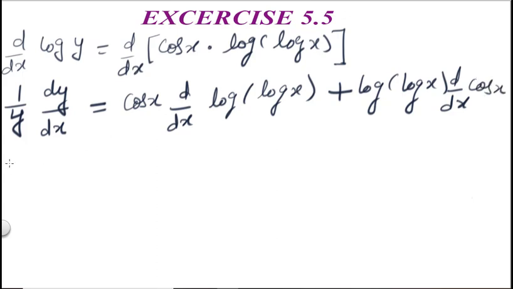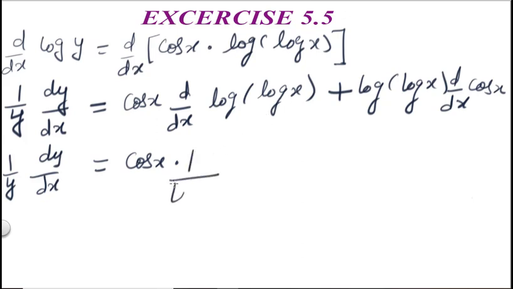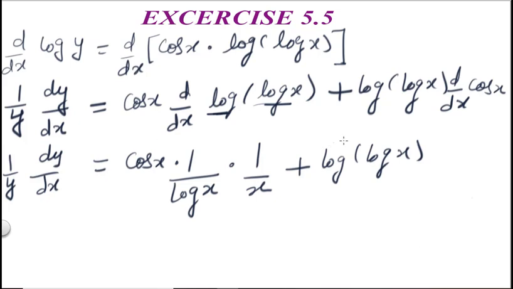So 1 upon y dy by dx equals cos x as it is. Now we are differentiating log of log x. Differentiation of log of something is 1 upon log x, and then we do for the inner log x, whose differentiation will be 1 upon x. Clear? Plus log of log x into differentiation of cos x, which as you all know we have done already, is minus of sin x.